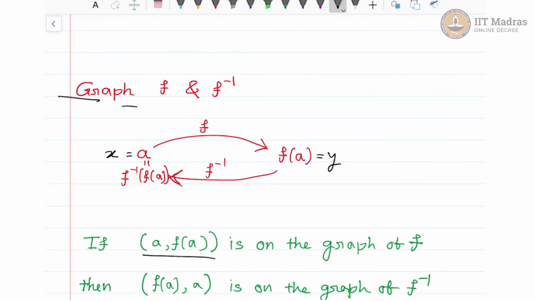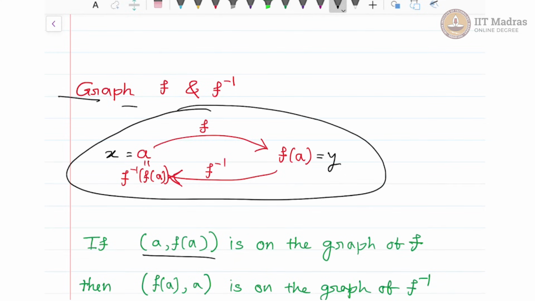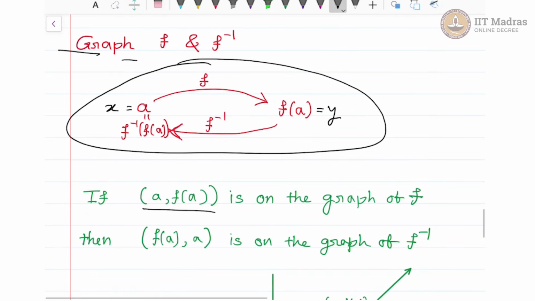So if you start with f of a, which is y, then you will talk about f inverse of y, and when you talk about f inverse of y, you will actually get it to be equal to a, because y is equal to f of a, and this is how the entire circle is complete. So in particular, if (a, f of a) is on the graph of f, then (f of a, a) is on the graph of f inverse.